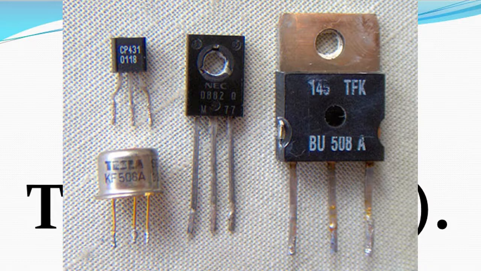FET transistors are unipolar transistors. I repeat, FET transistors are unipolar transistors because they perform single channel operation, and that is why they are called unipolar transistors, because of their performance. It is single channel operation.